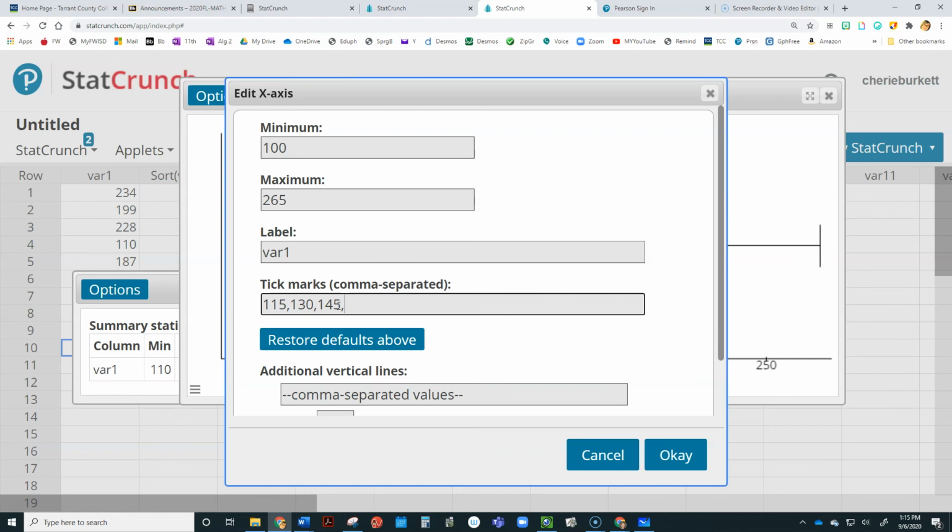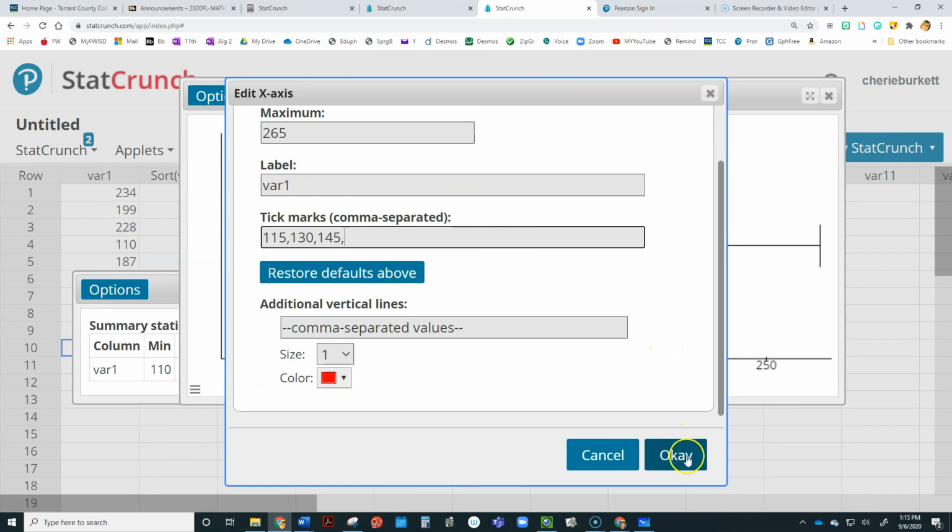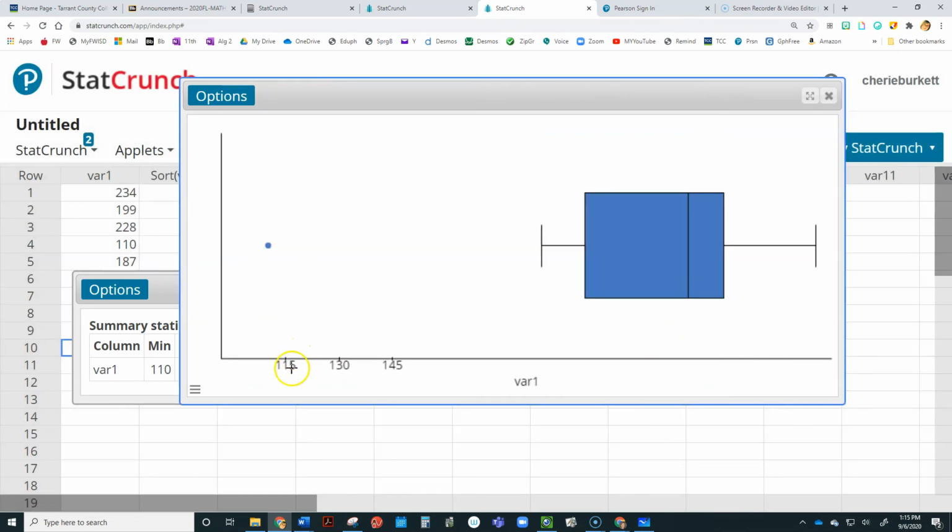I'm not going to do the rest of it because I think you get the hang of it. I'm going to press OK, and it shows you right here. If we continued along, that whole thing would be tick marked and numbered. Anyway, that's how you do a box and whisker plot on StatCrunch.